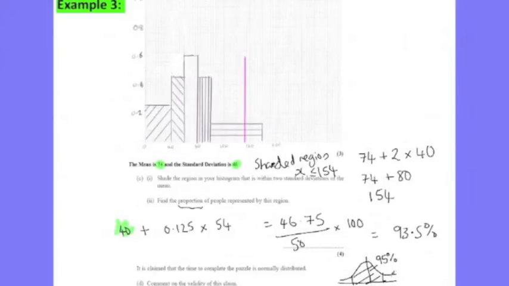So this part here must only be less than 2.5%, and here also 2.5%. We can see here that 93.5% is less than 154. So we can see here that we have symmetry and that 95% of the data is within 2 standard deviations of the mean.